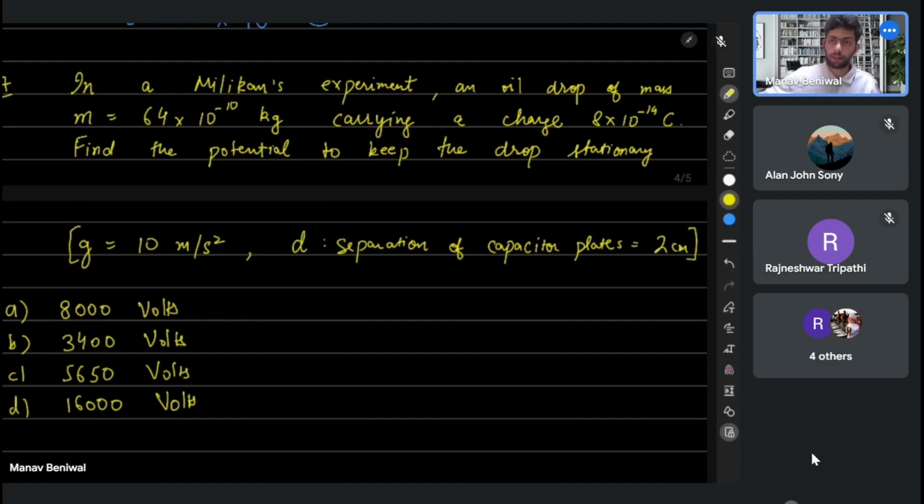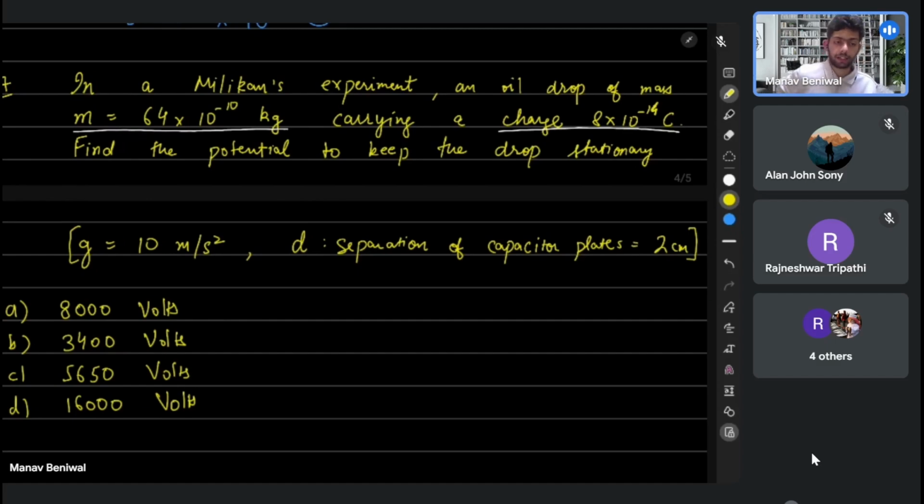So the mass m is given to be 64 into 10 to the power minus 10 kg. Your charge is given to be 8 into 10 to the power minus 14 coulomb. Okay, and you have to find the potential to keep the drop stationary.